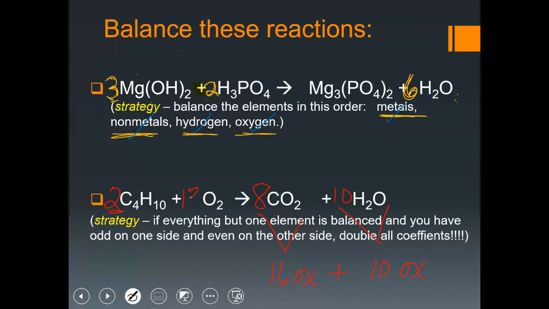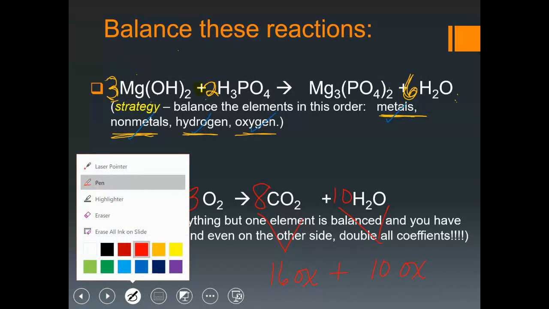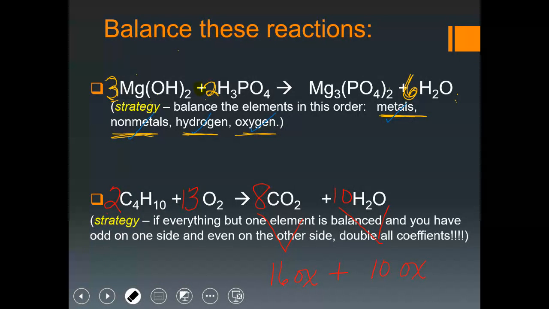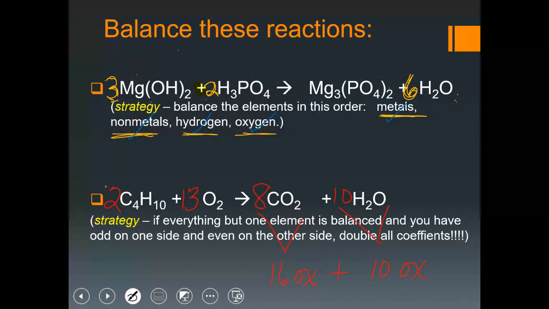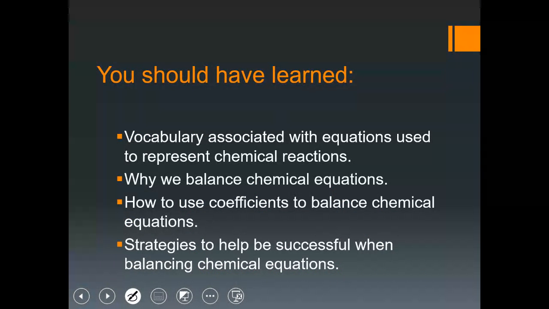I can put over here a 13 because 13 times the 2 will give me 26 oxygen. And so I have 26 on each side. So now my carbons are equal, 8 on each side. My hydrogens are equal, 20 on each side. And my oxygens are equal, 26 on each side.